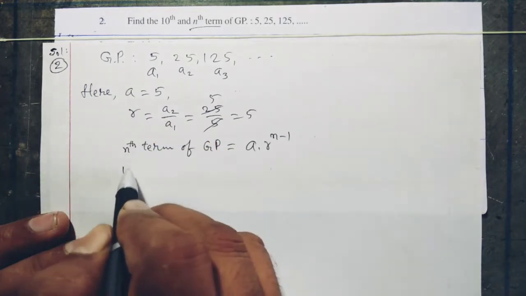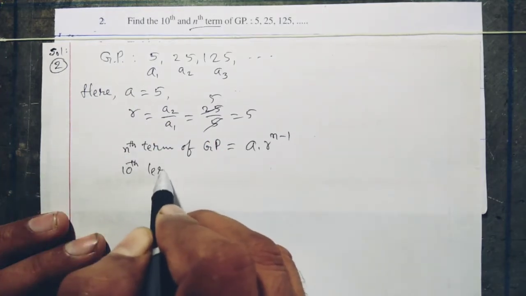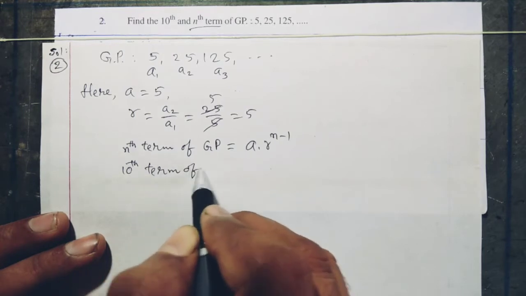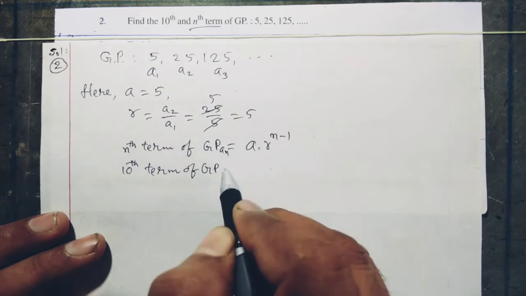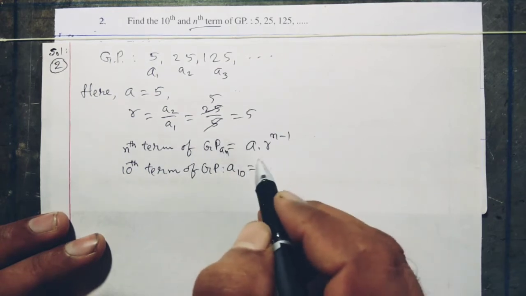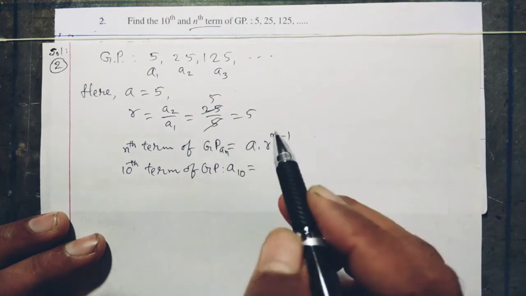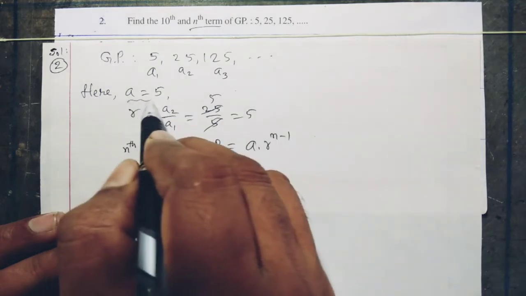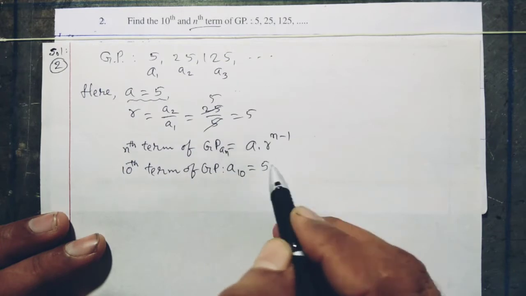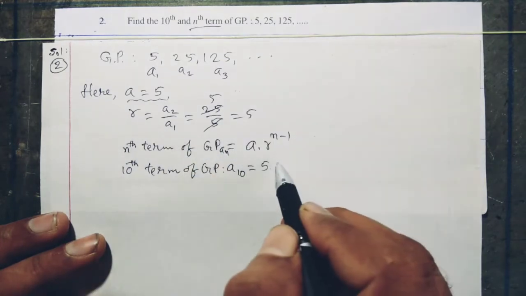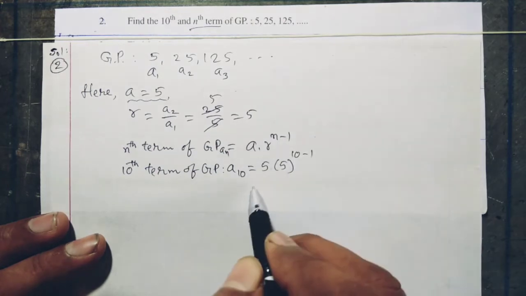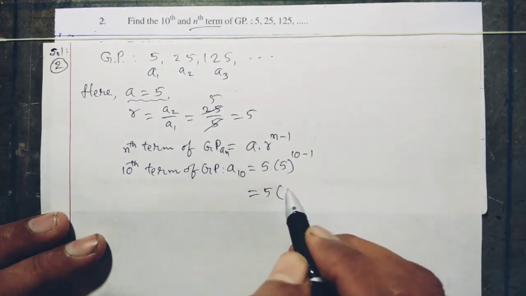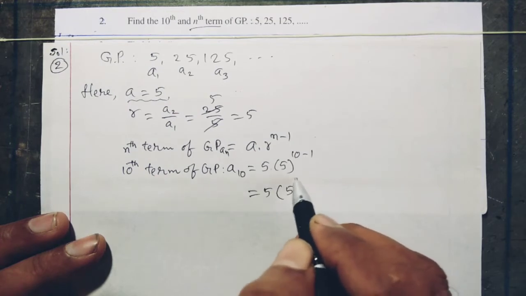So 10th term of GP, this is an. a10 is equal to a is 5 and r is 5 to the power of 10 minus 1, that is equal to 5 into 5 to the power of 9.